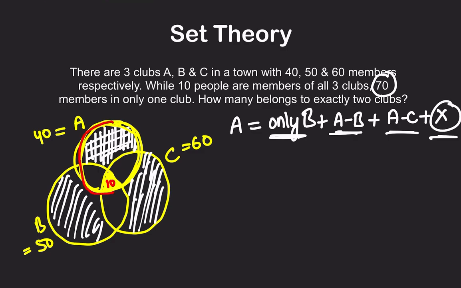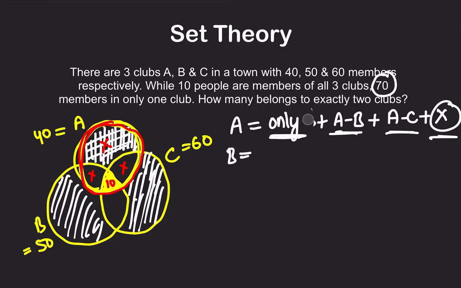To write this equation, this complete A circle, this circle I'm marking right now, I will use another color. This circle has 4 parts. First part is which is only A. Second part is which is common between A and B. Third part is which is common between A and C. And fourth part is which is common between all the clubs. So A has these 4 components. Similarly, B has all these components. I made a mistake here.